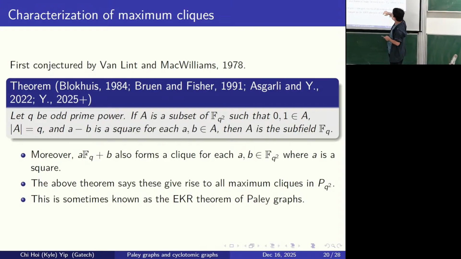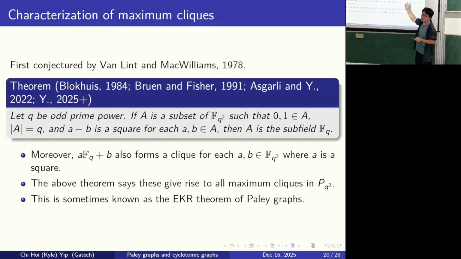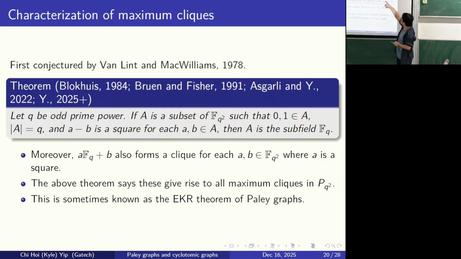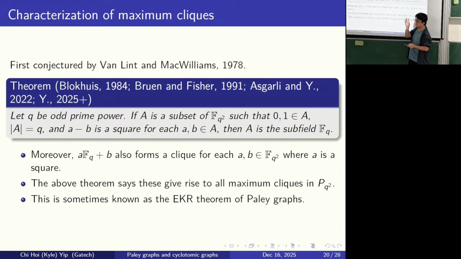So more precisely, if we have a subset A of F_{q^2}, such that 0 and 1 are in A, so there's some normalization, and the size of A is q, so it's a maximum clique, right? Then A has to be the subfield.